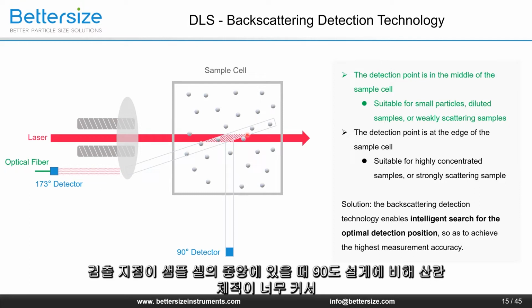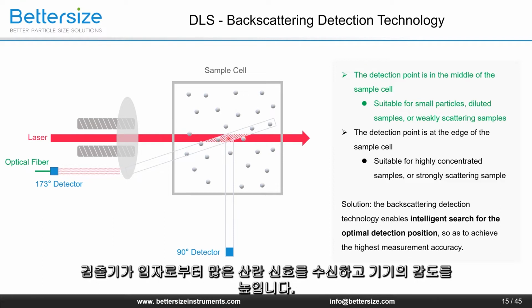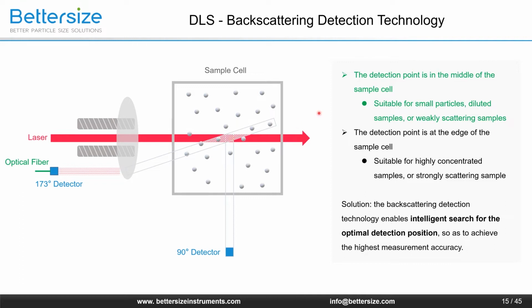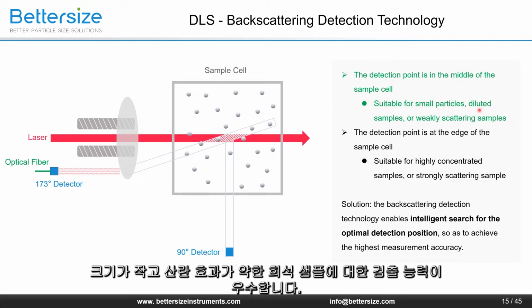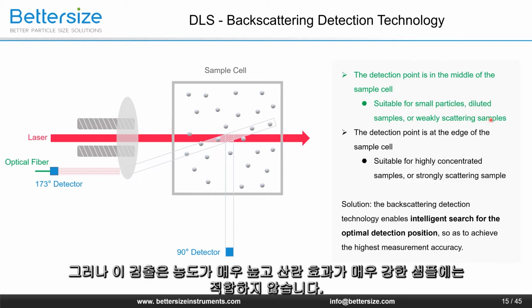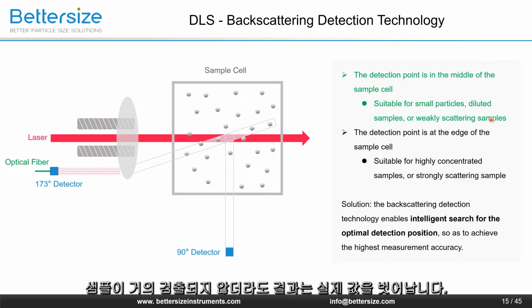When the detection point is in the middle of the sample cell, compared with the 90-degree design, the scattering volume is so large that the detector receives many scattering signals from the particles and increases the sensitivity of the instrument. It has better detection ability for dilute samples, which have smaller sizes and weaker scattering effects. However, the detection is not suitable for samples with extremely high concentrations and very strong scattering effects. Even if the sample is barely detected, the result will deviate from the true value.